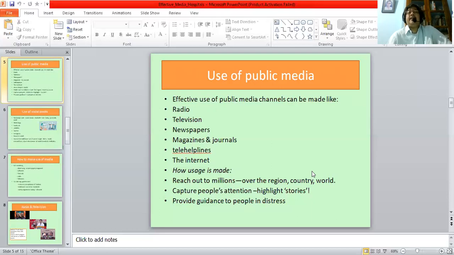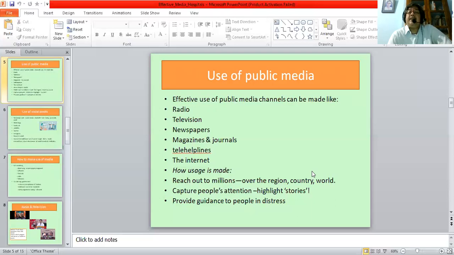Of course, nowadays, a very important role is played by the internet, the most widely covered media, which again people are always tuning into, whether it is on their smartphones, their laptops, or their desktops, at home, in the workplace, and in other places. Using the public media channels, you will reach out to millions across the country, in your region, and all over the world.